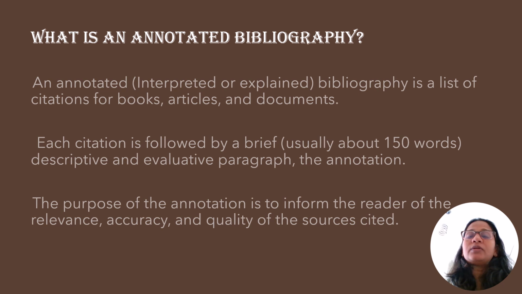Always remember, an annotated bibliography is a very small description of the research in your own words. It may be a paragraph, a summary, or an explanation. Just writing five to six sentences in your own words is the annotated bibliography.